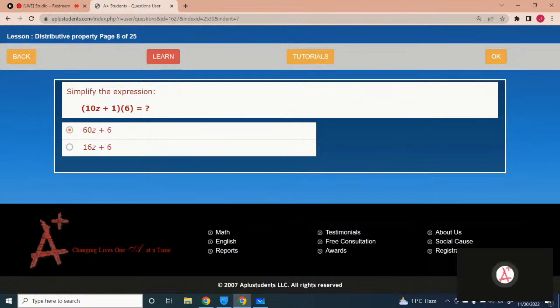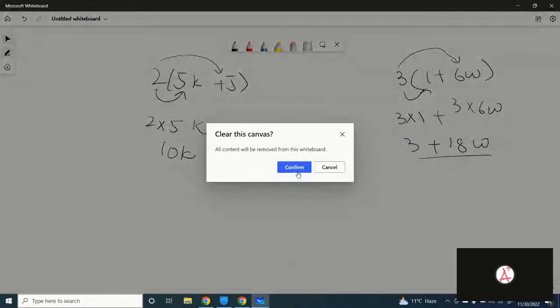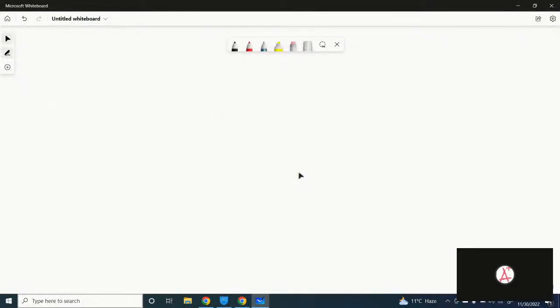Okay, the next topic is solve equations using properties. Let me write down the lesson name. Solve equations using properties.